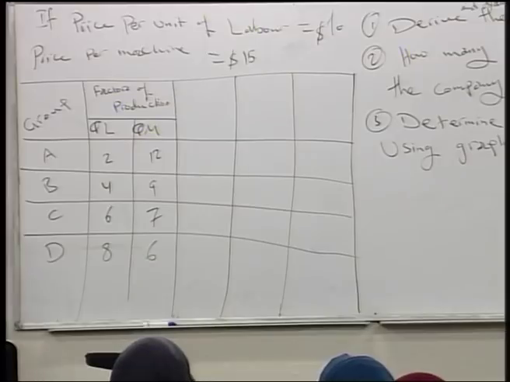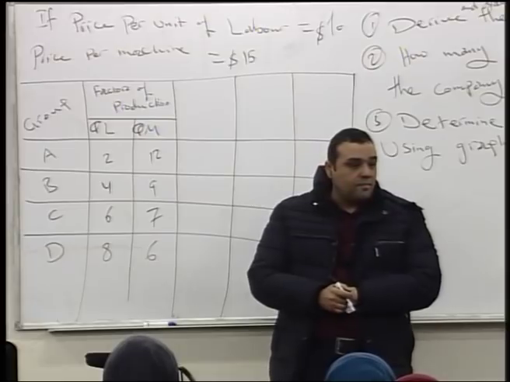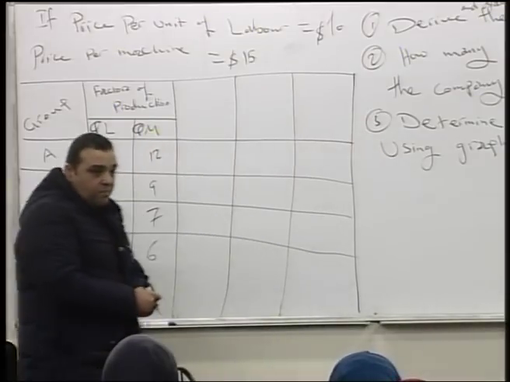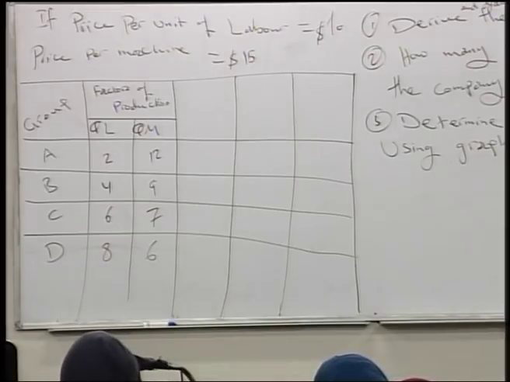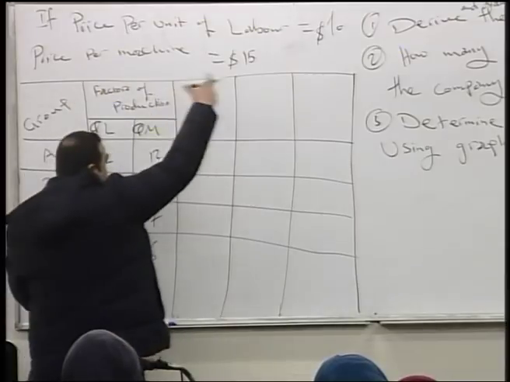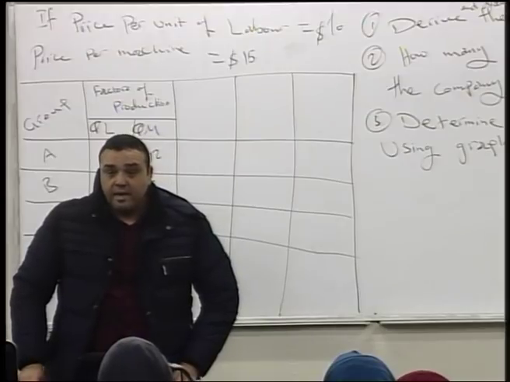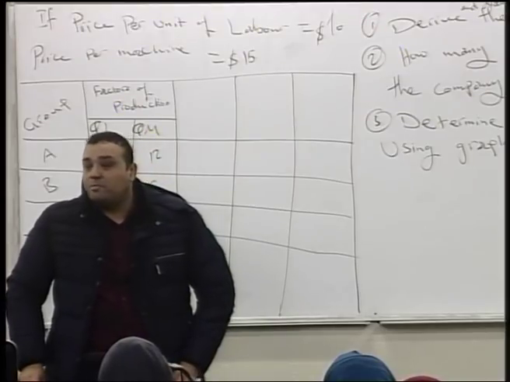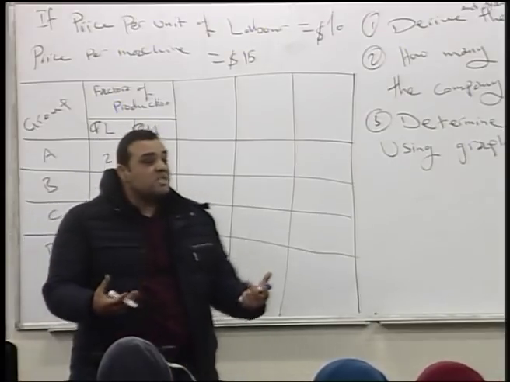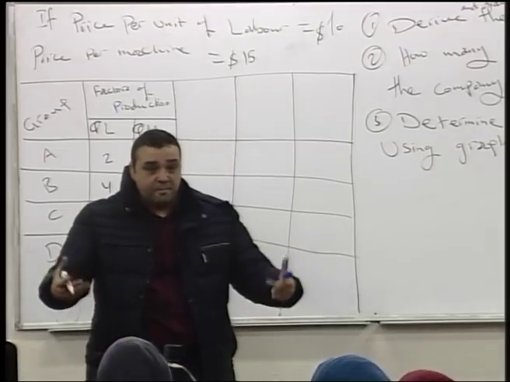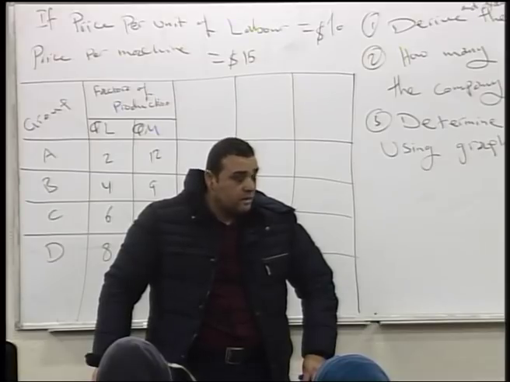In this example, the company tends to buy workers and machines under the following data. The price per unit of labor and price per unit of machines are given, and we have to select the optimal group that leads to cost minimization. What is the minimum cost, or the best group that achieves the cost minimization? This is the question here.